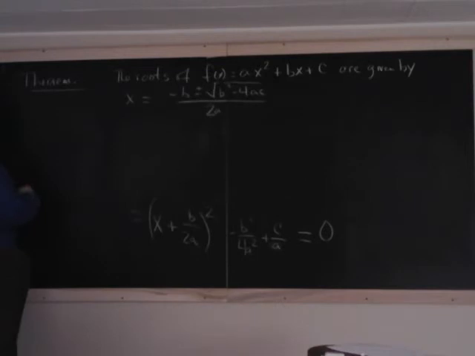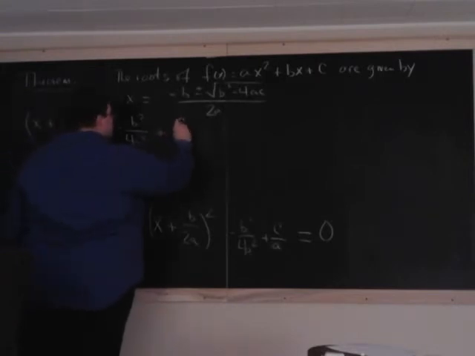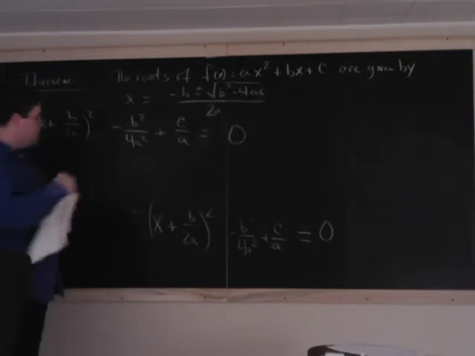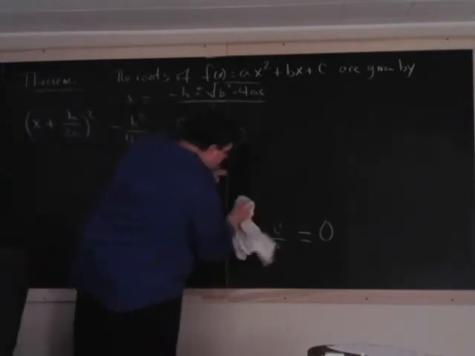So we have x plus b over 2a squared minus b squared over 4a squared plus c over a, and we're setting that equal to 0. So I just rewrote that line up at the top of the page.